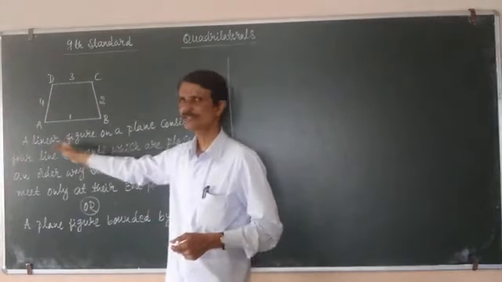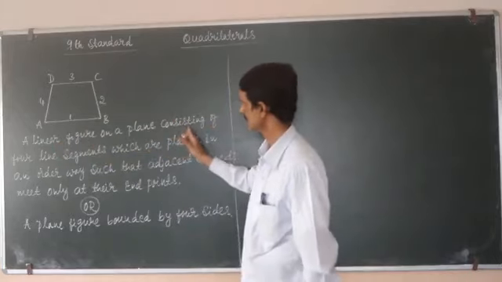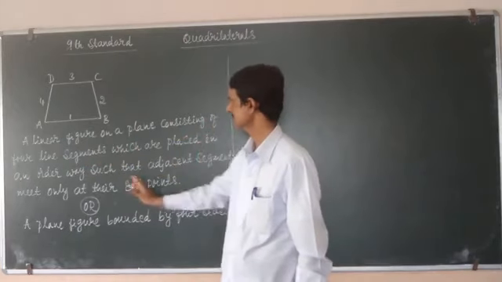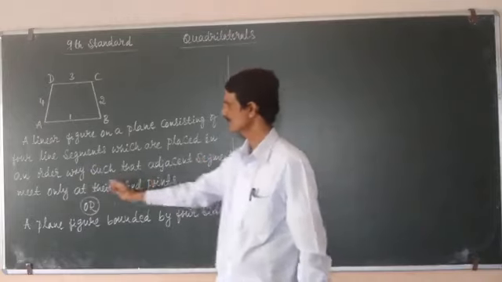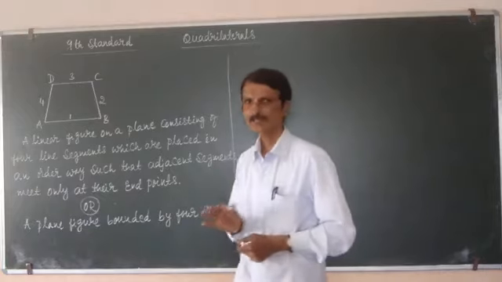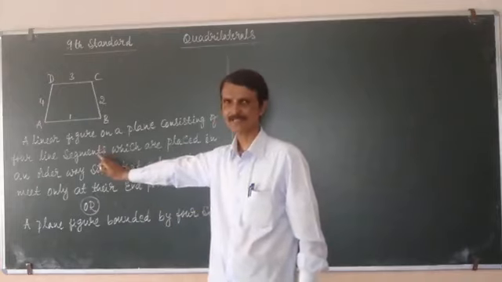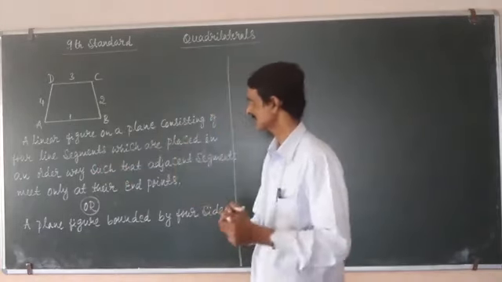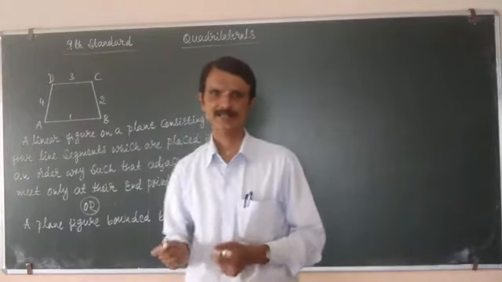By definition, a quadrilateral is a linear figure on a plane consisting of four line segments which are placed in order such that adjacent segments meet only at their end points.